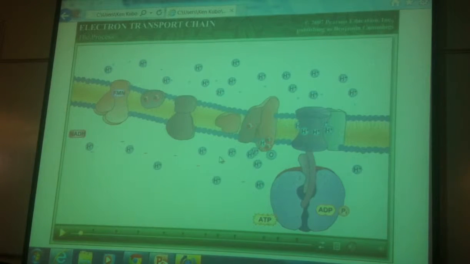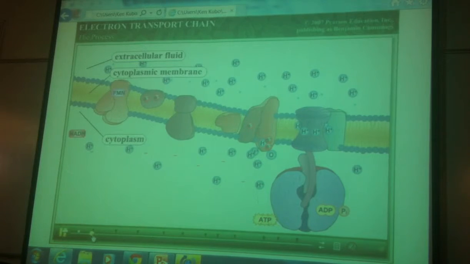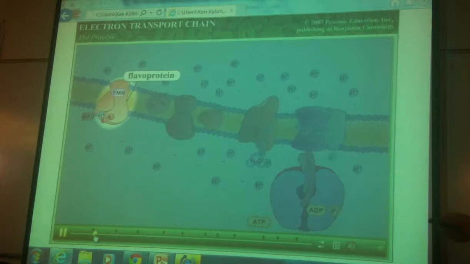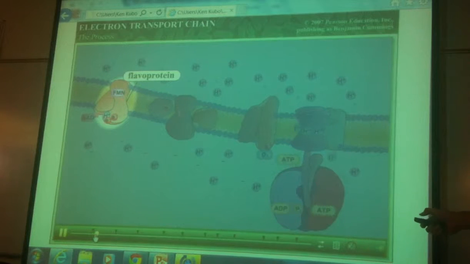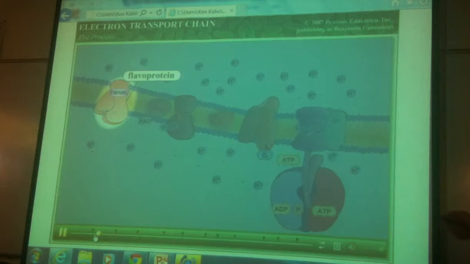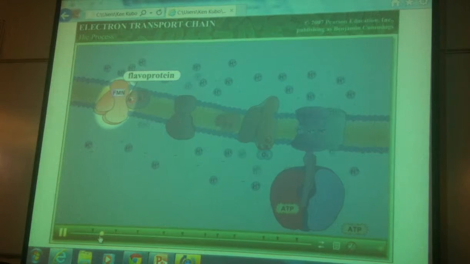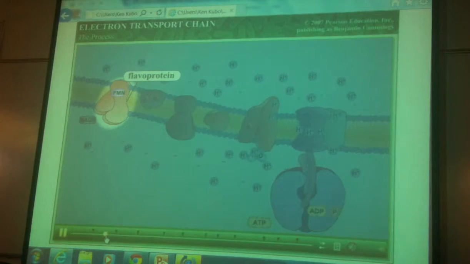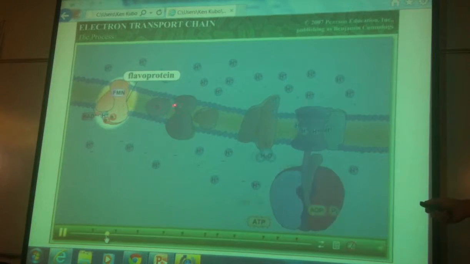Here's an animation to show you this process. What you'll see is NADH, which is going to pass on the electrons to that carrier. Then those electrons are going to be passed on from carrier to carrier.